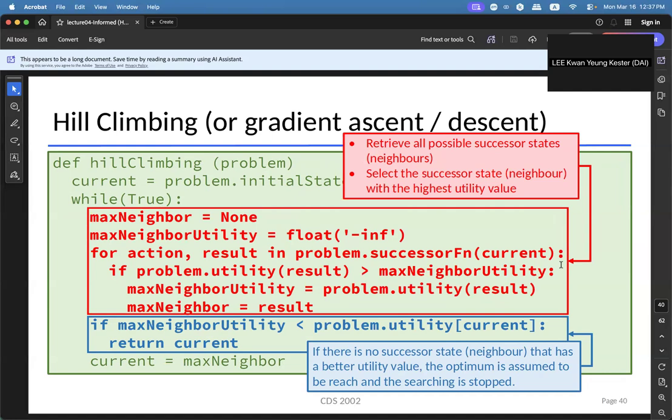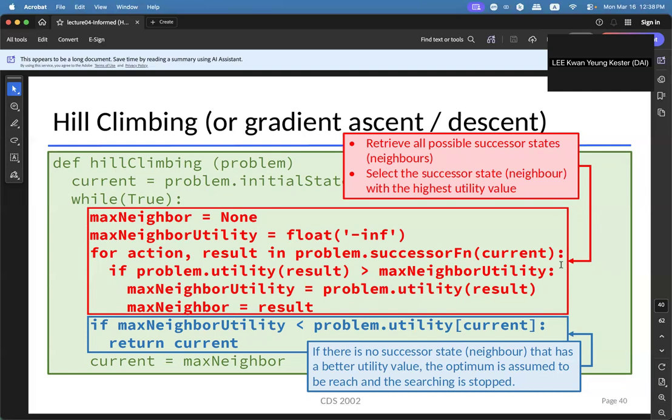Essentially, we stop the search whenever the current state has a better objective value than all its neighbors. This is the stopping condition of the hill climbing algorithm.